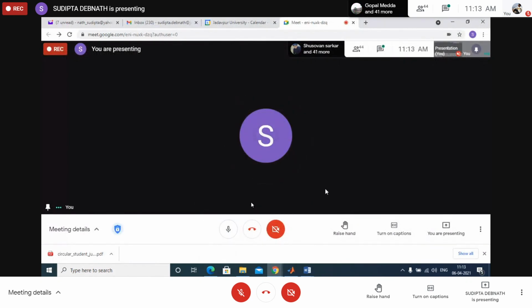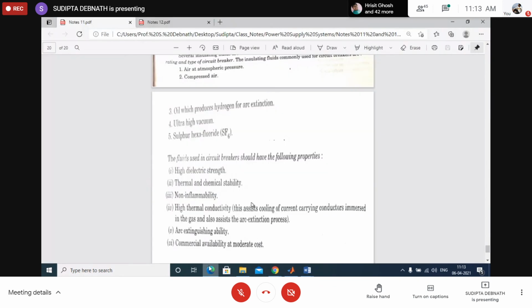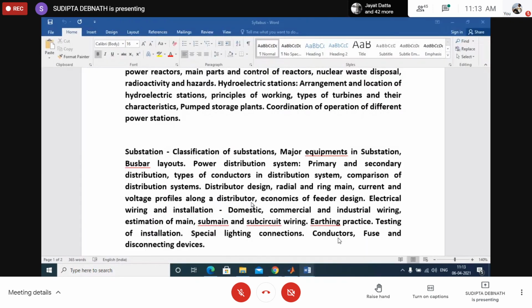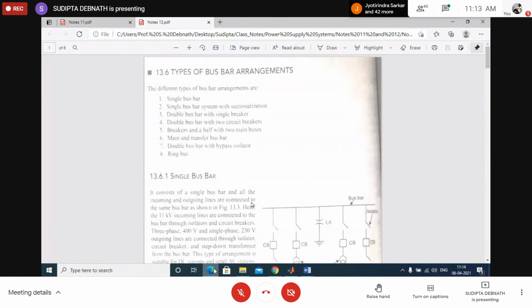Okay. Now next, bus bar. Actually, bus bar arrangement is specially written like this. Bus bar layouts. You can study this bus bar layout from any book.